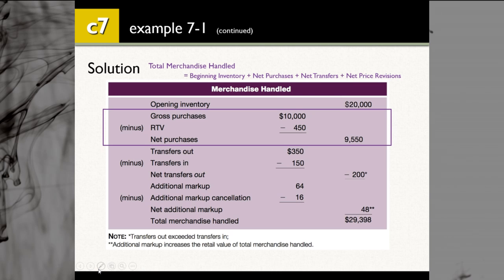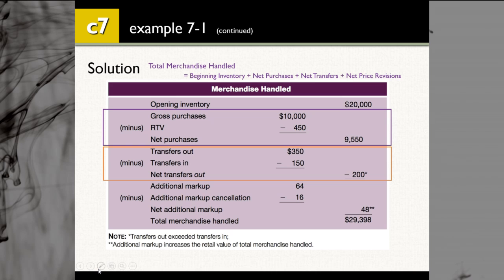Next is net transfers. Transfers out is going to be minus and transfers in is going to be plus to your inventory. If you calculate it, it's 350 minus 150, but for your inventory, that's going to be a minus value. So net transfers is going to be minus 200 to your total merchandise handled.